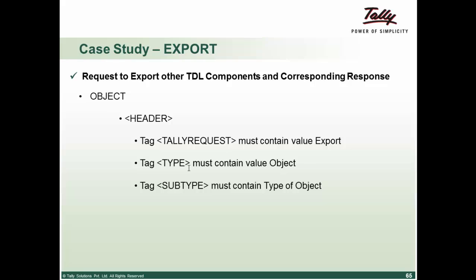Now, when you say the type is object and you give the identifier as ABCD, now which ABCD, whether it's a stock item ABCD or whether it's a ledger ABCD, the application will not be able to identify that. Hence, a subtype is required in the scenarios where we would be specifying the object type.